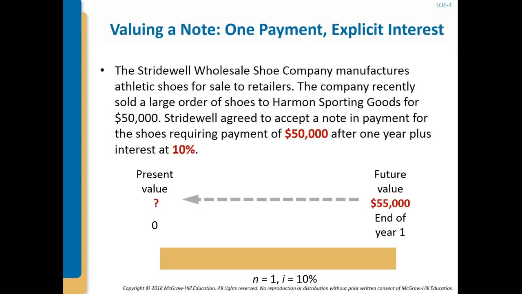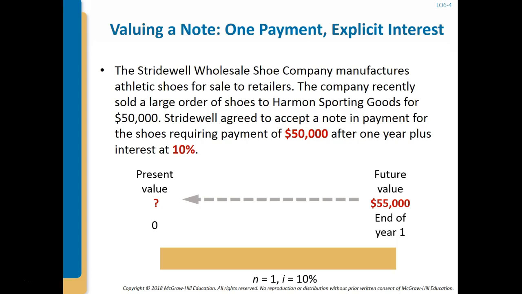And how should Harmon value the note payable and the corresponding inventory that was purchased? So as long as the interest rate explicitly stated in the agreement properly reflects the time value of money, then the answer is going to be $50,000, the face value of the note.